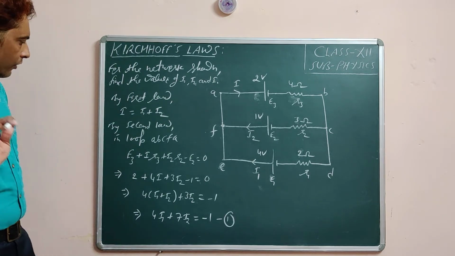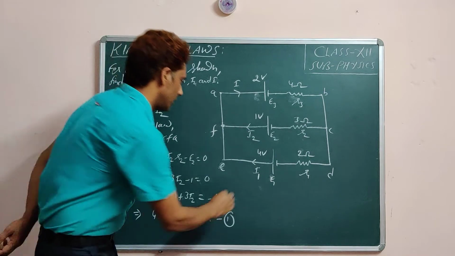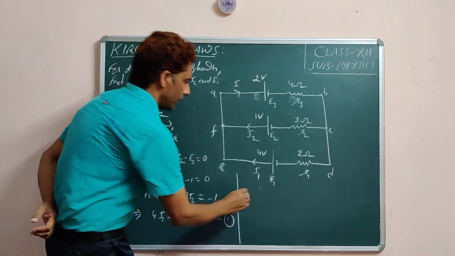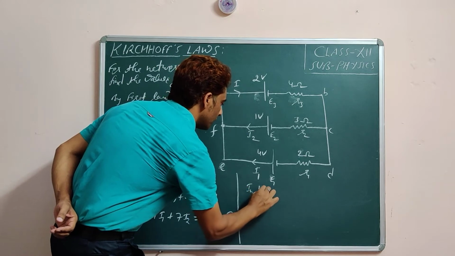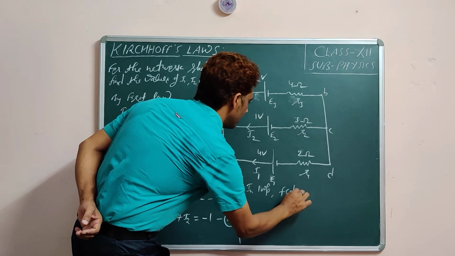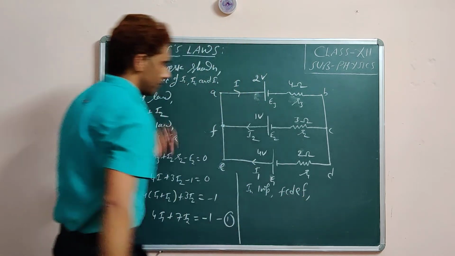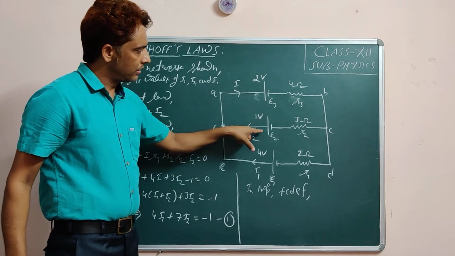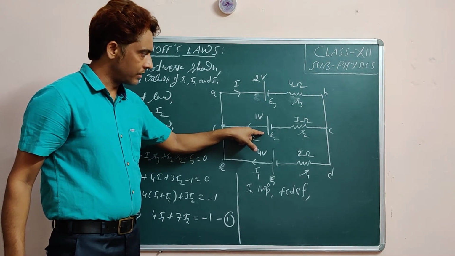Now for writing the second equation, I will take the loop F, C, D, E, F. Again during traversal, the positive terminal of the battery comes first.